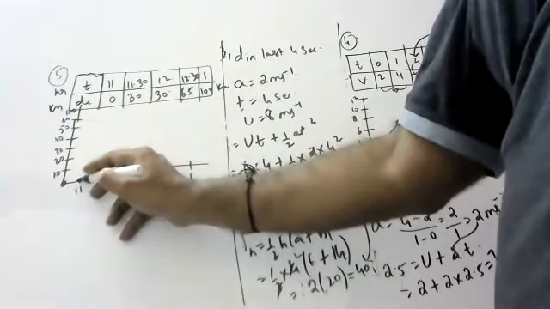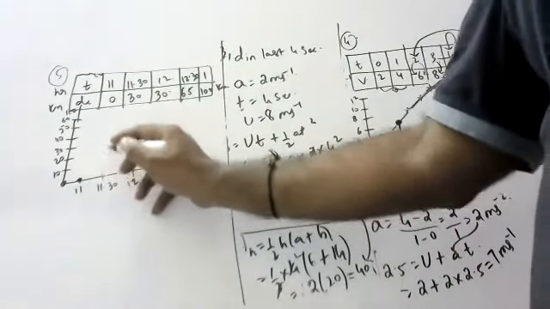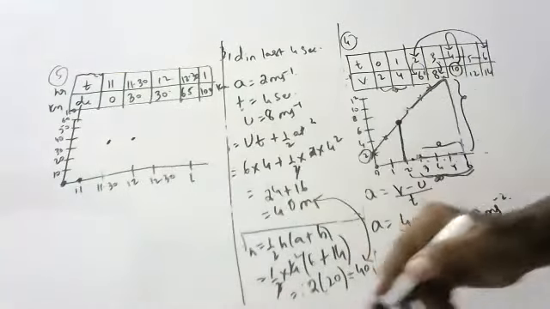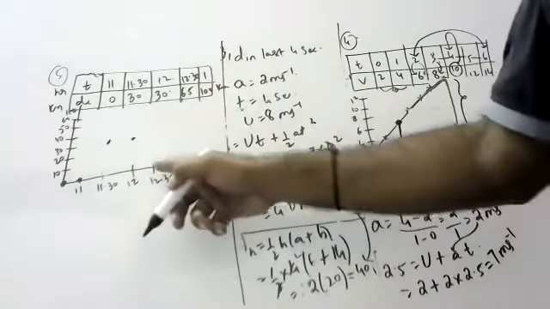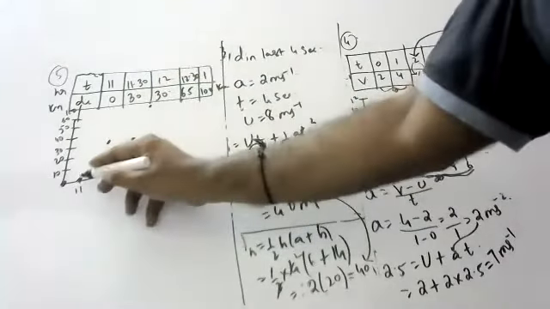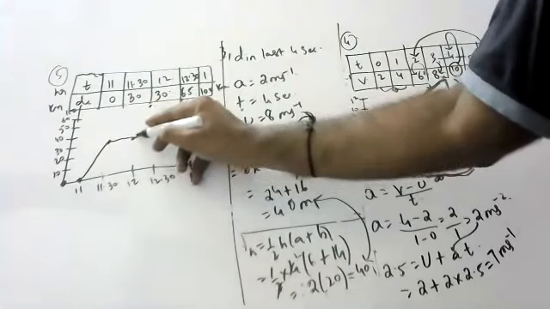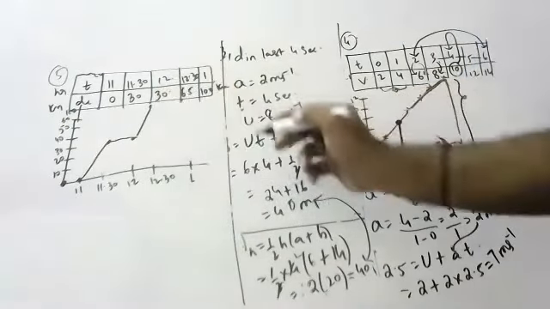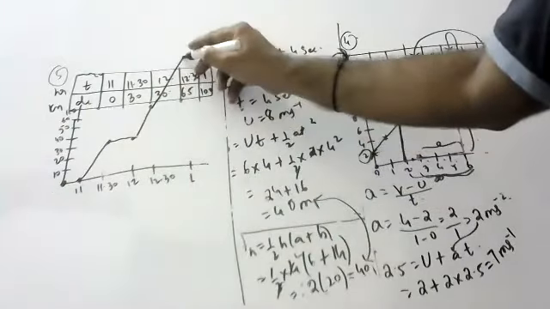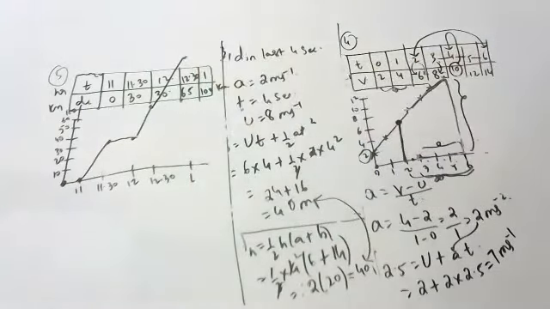At 11:30 it is at 30. At 12 also it is at 30. At 12:30 it is at 65. At 1 o'clock it is 100. So it is going like this, like this, and 100 means somewhat like this. This is the distance time graph they have given.